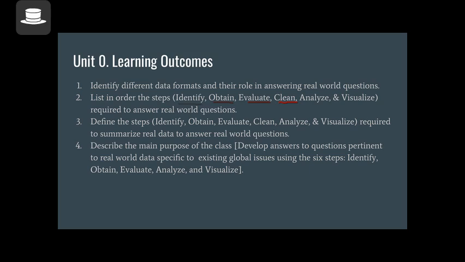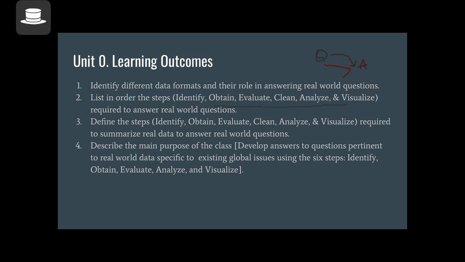Once you clean the data set, then you analyze the data set, then you visually represent in some format. So these are the steps that you will take where you start with the question and try to find an answer. In doing so, you follow these steps of identify, obtain, evaluate, clean, analyze, and visualize.